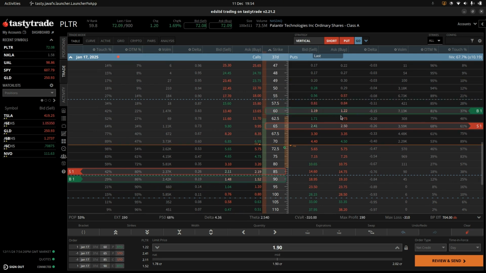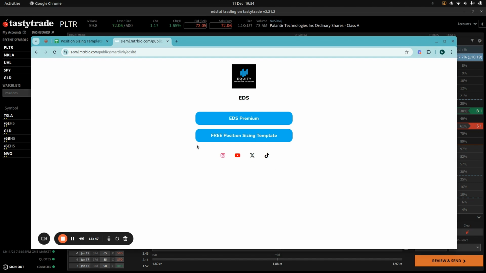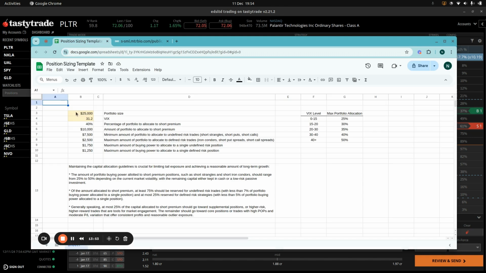And that brings us nicely onto our next point, which is, how do you know how much buying power you should be allocating to your positions? Well, if you click the link in the description, there is a free position sizing template that we have created for everyone to use and make a copy of. The way it works is you enter in the size of your portfolio at the top. Say if it's $10,000, not $10, $10,000.